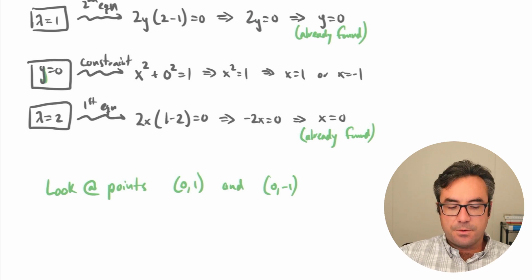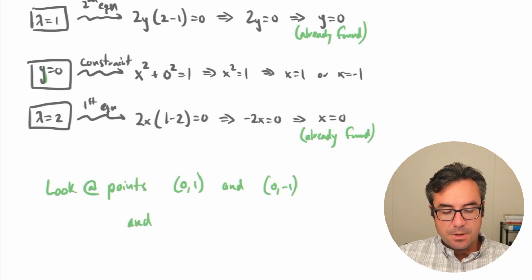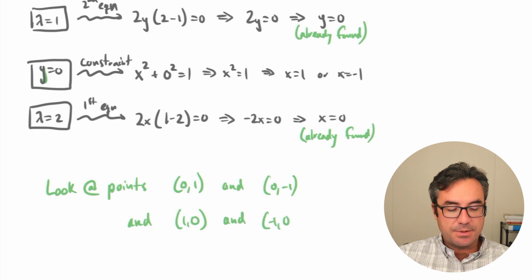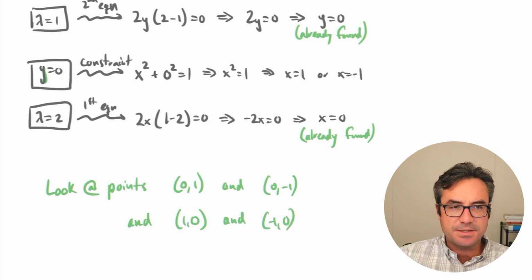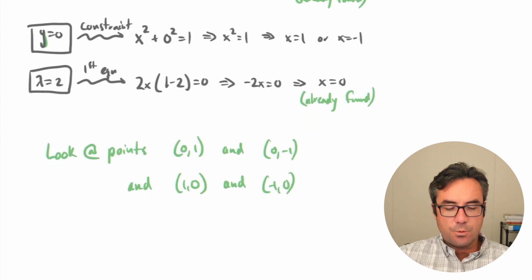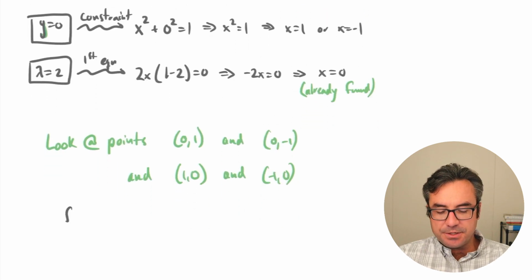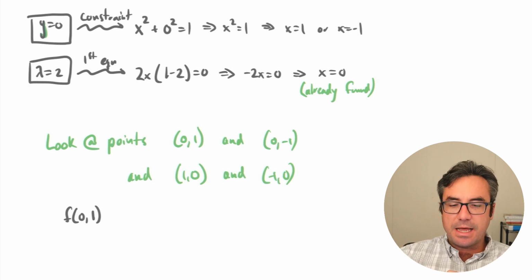And then also 1, 0, and negative 1, 0. So we have 4 points here that we want to consider. And so we want to actually plug each of these coordinates into the original function little f.